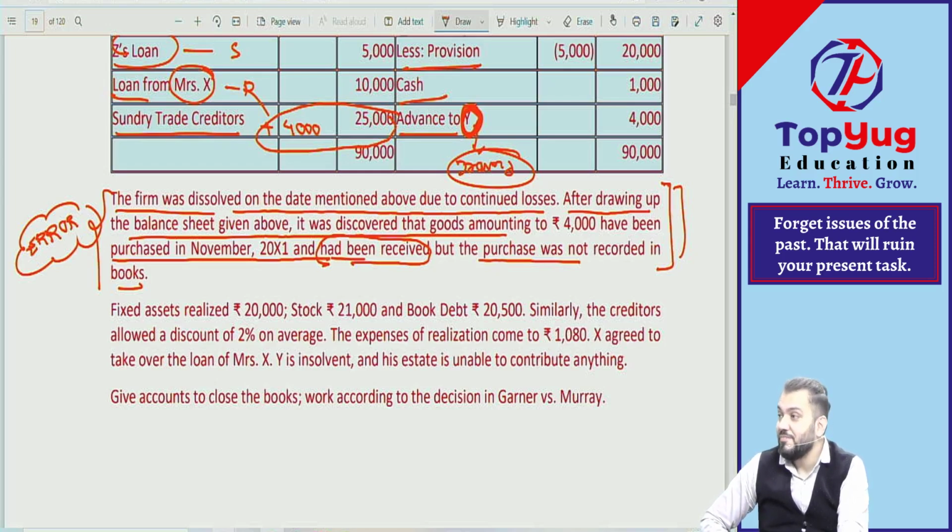What should we do? There are two things. Either you blame others or you blame yourself. There are two types of blaming. You can blame ICAI, you can blame faculties, you can blame your relatives, or you blame yourself.